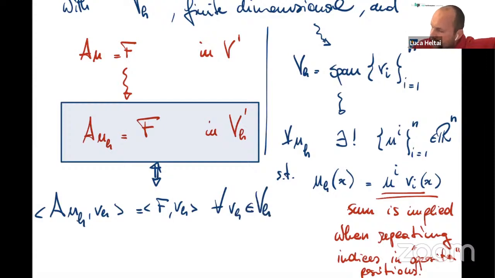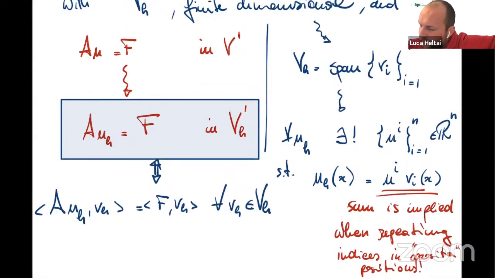Okay, so saying that AUH equal F in VH prime is the same as asking that A of UH tested against VH is equal to F tested against VH for every VH in capital VH.